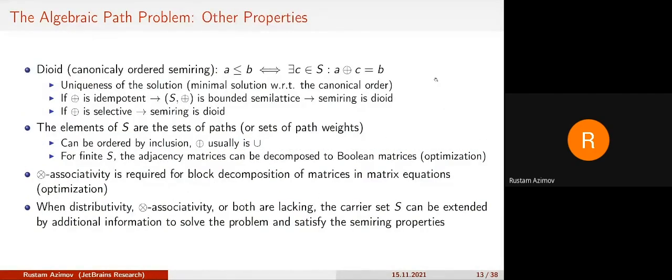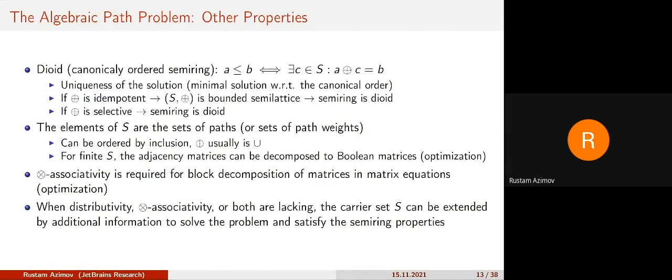But this is the classical algebraic structure for these path problems, but we may also have some additional properties, or we may lack some axioms from our semiring definition, and let's see what that means.